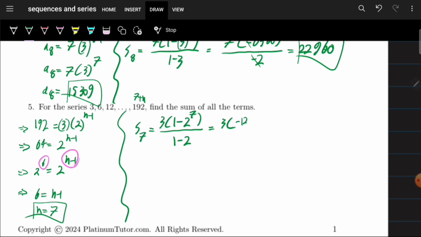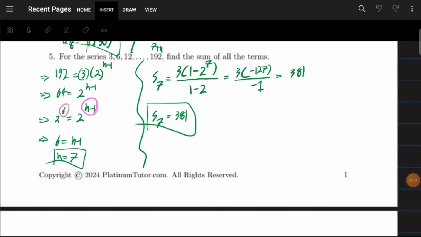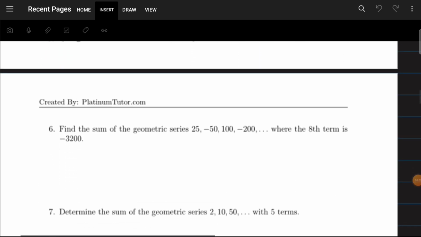This is negative 127 all over 1 minus 2, that's negative 1. The negatives cancel out and we get 3 times 127, which is 381. So S7 is 381. Okay, let's do the next problem now.